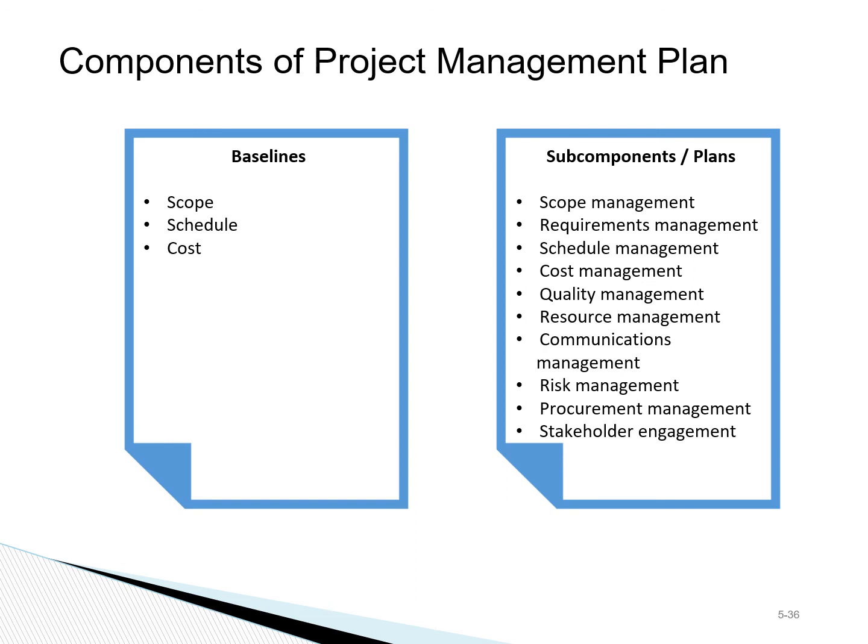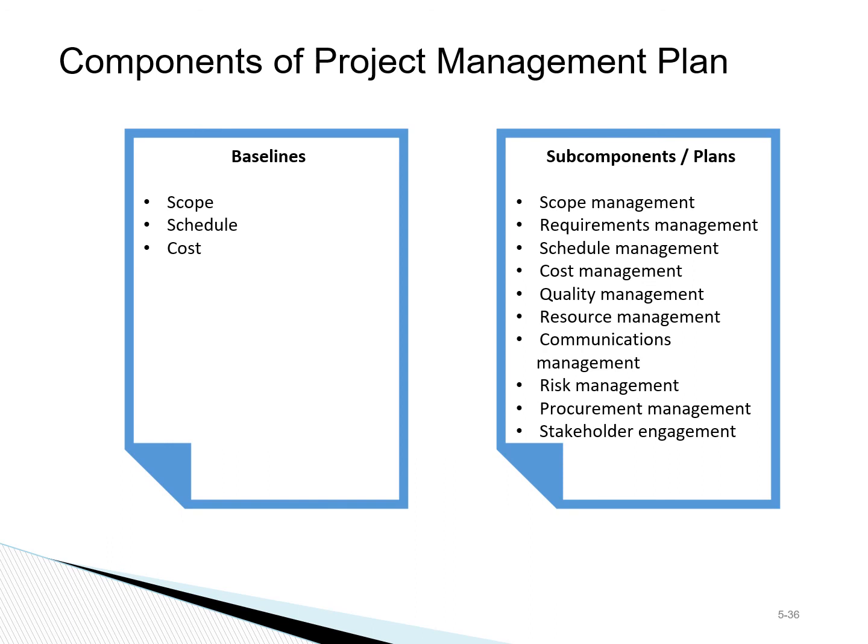The project management plans will establish the key baselines of scope, schedule, and cost. They also lay out plans for managing scope, requirements, schedule, cost, quality, resources, risk, procurement, and stakeholders.